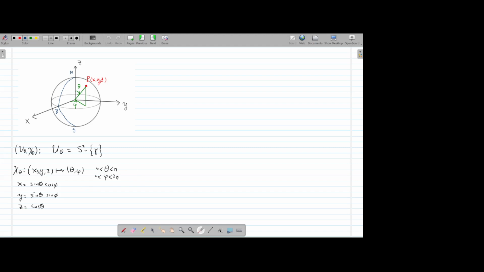And the relation between x, y, z and theta and phi is given by this very well-known relation. So every point is mapped to one and only one pair, theta and phi, and vice versa.